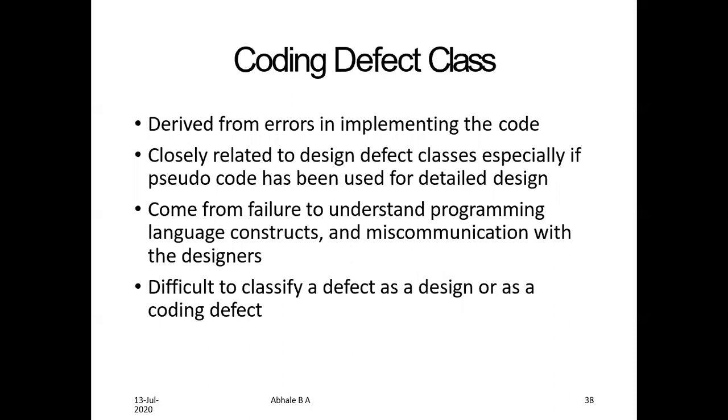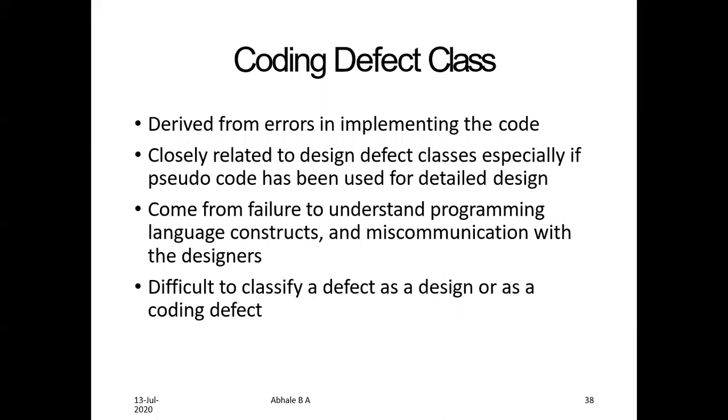Errors in the implementation of code are closely related to design defect classes, especially if pseudocode has been used for detailed design. So whichever pseudocode has been specified by the designer will be implemented wrongly, coming from failures to understand programming language constructs and miscommunication with the design. This is again one difficulty: to classify a defect as a design or as a coding defect.